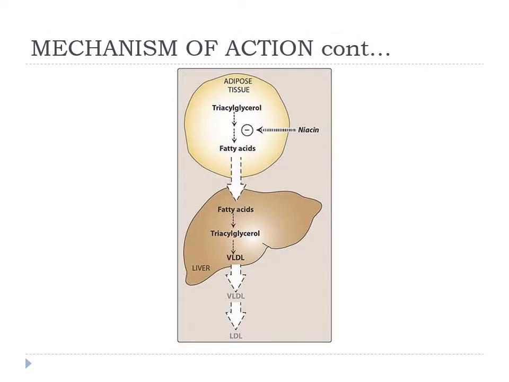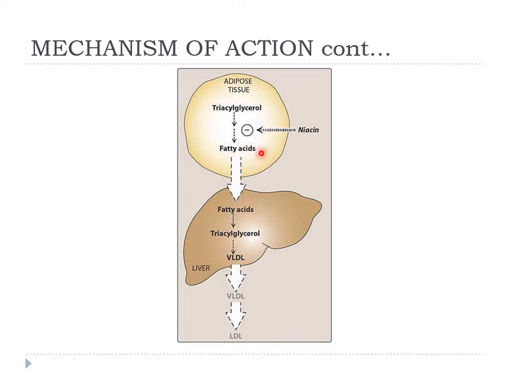So let's try to understand its mechanism with the help of the diagram. What it is doing, it is acting in the adipose tissue. It is inhibiting the conversion of triacylglycerol to fatty acids, means it is inhibiting the production of fatty acids in the adipose tissue. And these fatty acids were required for the synthesis of triacylglycerol inside the liver for the production of VLDL.